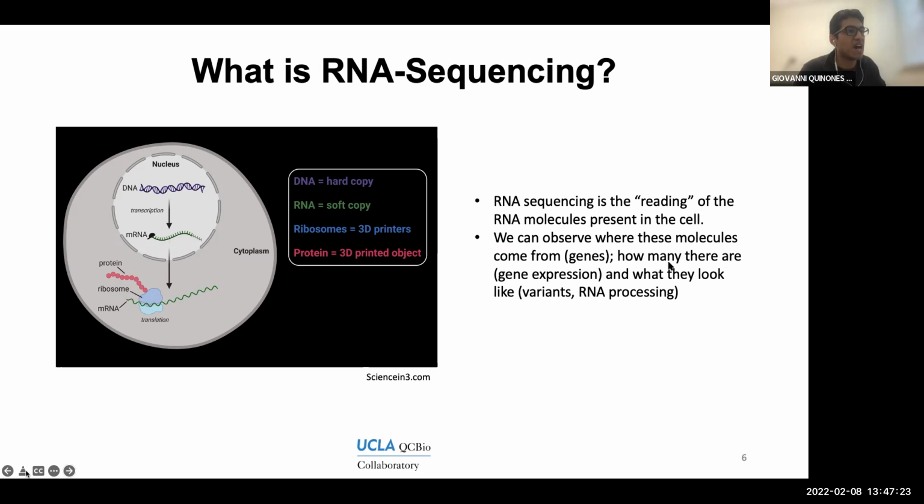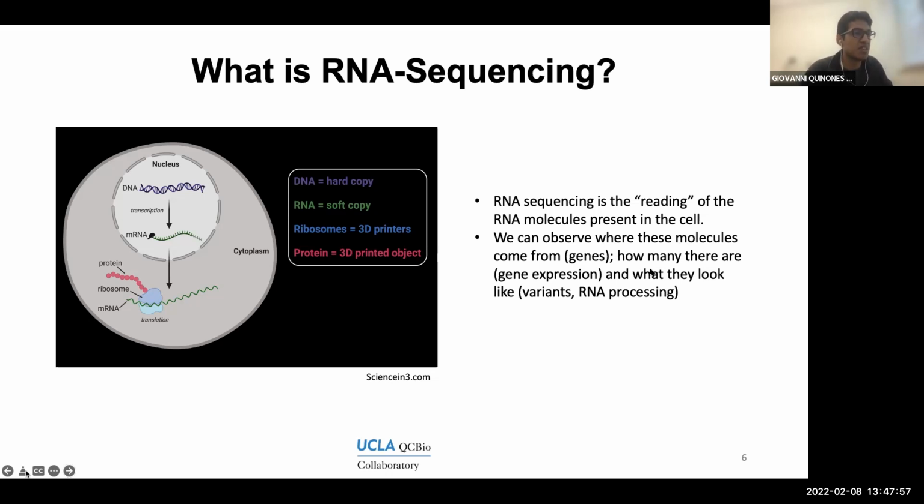We can also look at how many of these molecules are coming from a particular gene, and that is what we know as expression. So if a particular gene, let's call it gene A, is generating 100 mRNA copies, whereas gene B is generating only 2 copies of mRNA, we can conclude gene A has a much higher expression than gene B. Thanks to RNA sequencing, we can learn this type of information.